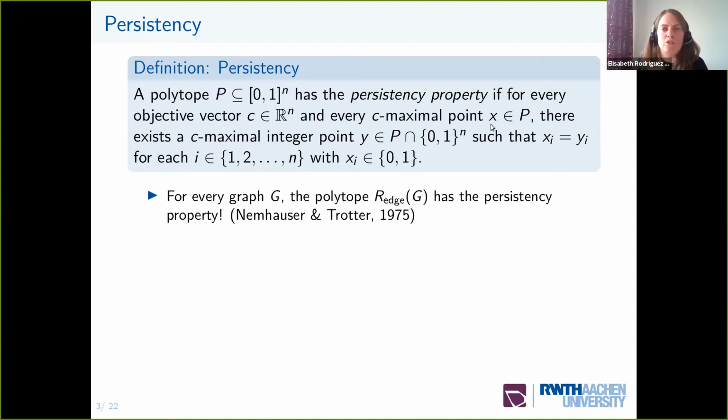So this is a vector with perhaps some integer, some fractional components. For those integer components, we know that there exists a maximizing integral solution for which these values will be the same.